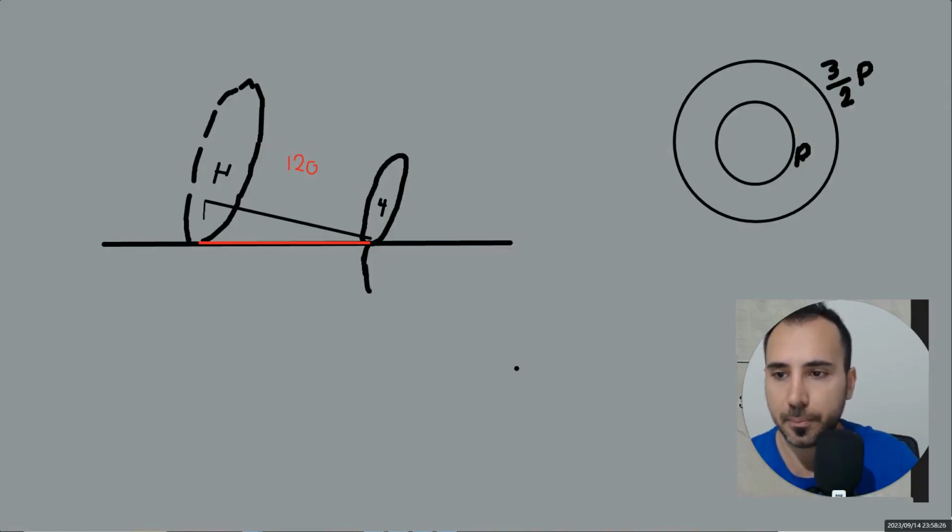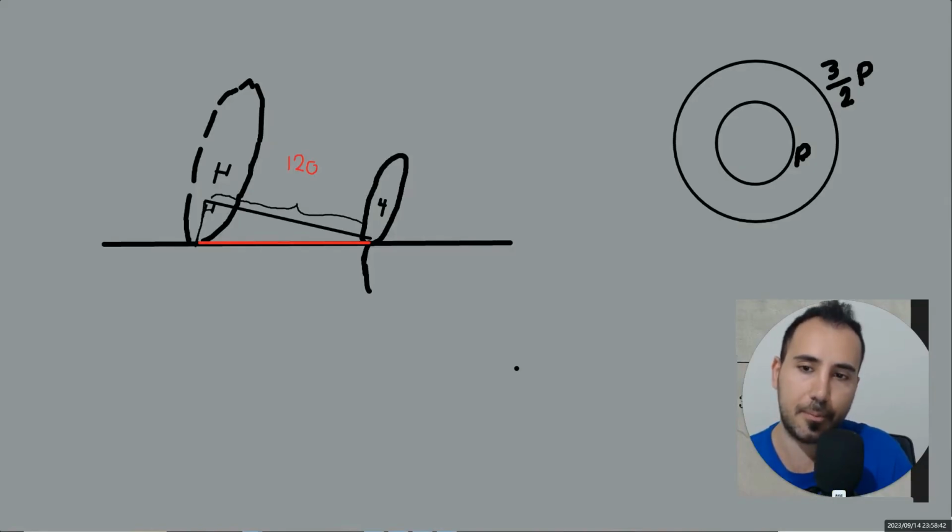It would become something like this, and this is 90 degrees. So this line, as we said, is 120. We want to find this. In order to do that, we need to find this blue one, so this much.